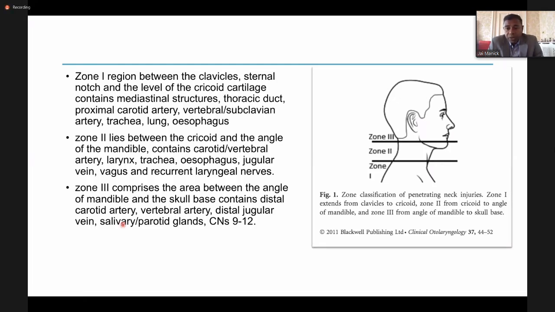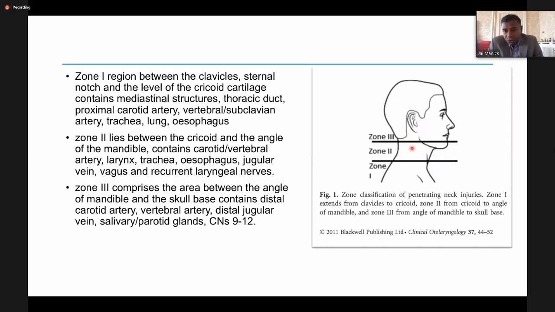Zone 2 is the mid portion of the neck, which normally contains major blood vessels like the carotid and vertebral artery, and the laryngeal cartilages, trachea, and esophagus. The one above is zone 3. It mainly contains the skull base, vessels, and cranial nerves.